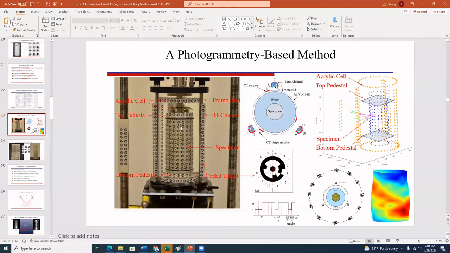In this way, we have about 3 times more points for the measurements. Every point there is equivalent to a non-contact LVDT. Now, my student Xiang Xia can put about 3,000 points on the specimen, so that you have a very dense point cloud to represent the soil.